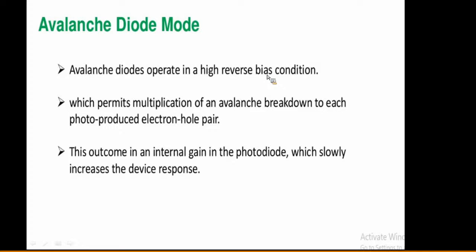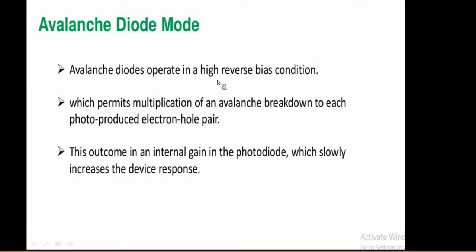Yesterday I already discussed, if you are applying a larger reverse bias voltage, say minus 10 volts or minus 15 volts, at such larger reverse voltages, what is going to happen? The free charge carriers are going to be multiplied. Due to that multiplication of charge carriers, ultimately the breakdown will occur. That breakdown is avalanche breakdown. Now, what is avalanche diode mode?